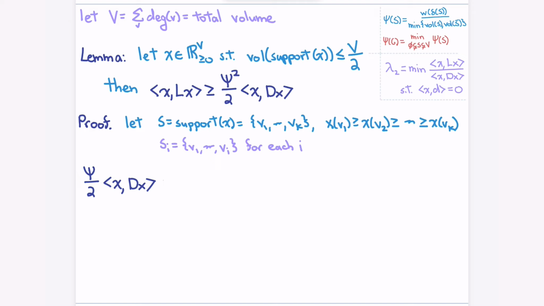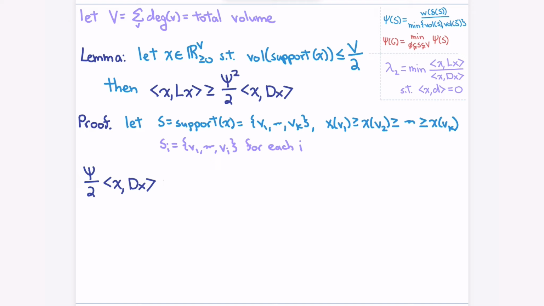Let's start with the lemma. So I'm going to do something a little bit easier first. Suppose X had non-negative entries. That's in general not going to be true for us because actually X dot product D needs to be 0, so that cannot possibly be true.